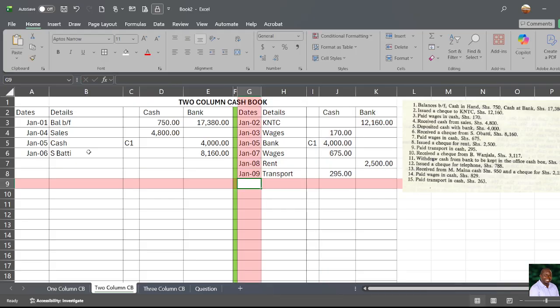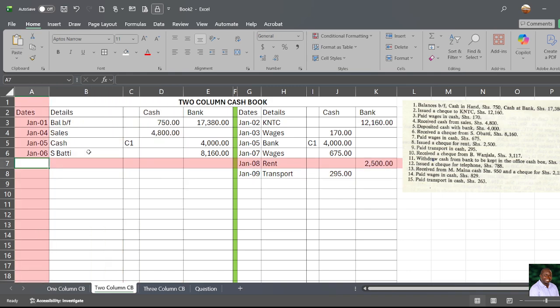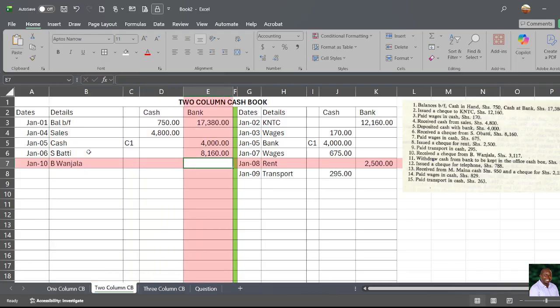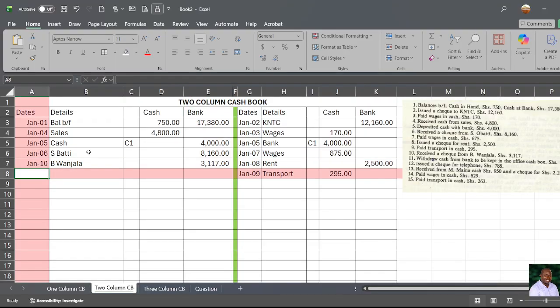Then on the 10th, he received a check from B. Wanjala. So he's receiving money on January 10th, coming from B. Wanjala, and it is a check of 3,117. Then we are told he withdrew cash on the 11th. He withdrew cash from the bank to be kept in the office cash box, 1,000.